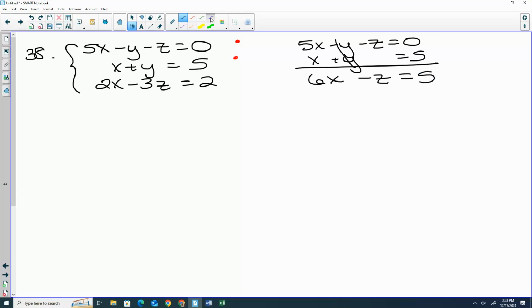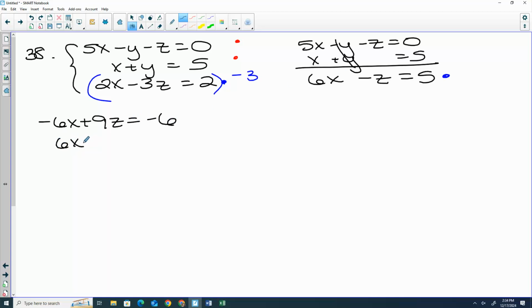Okay, I have not yet used the third equation, so I have to use it and the one I just got to eliminate a variable. So what do you want to get rid of? x. So we would take this one times negative 3. So it gives me negative 6x plus 9z equals negative 6.